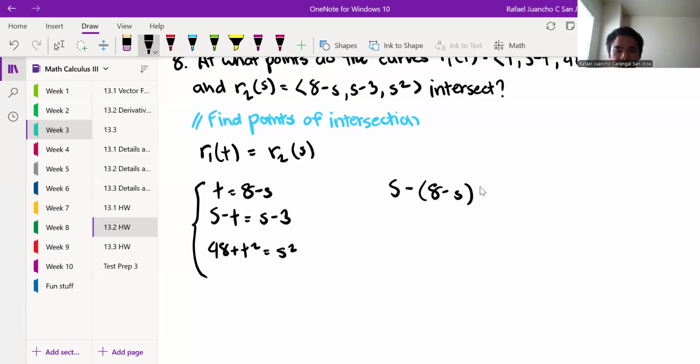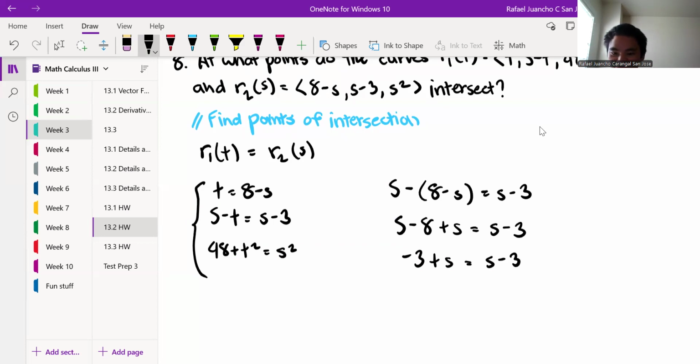So I could use the second equation. Instead of T, I plug in 8 minus S. So 5 minus (8 minus S) equals S minus 3. We solve for that. So we have 5 minus 8 plus S. We have negative 3 plus S equals S minus 3, which works, right?